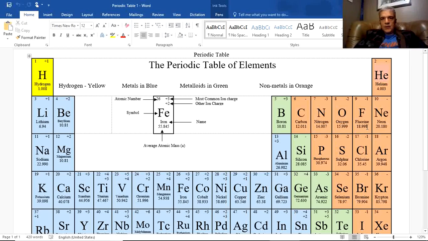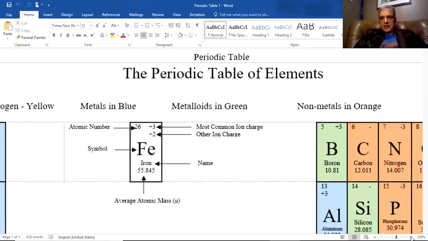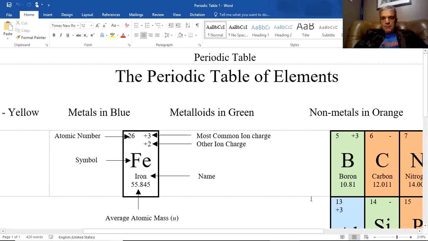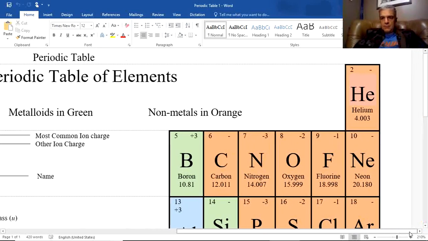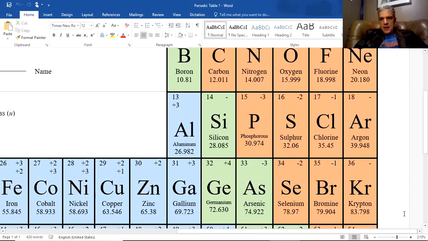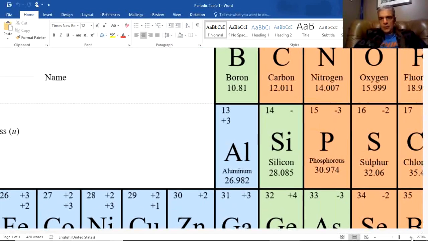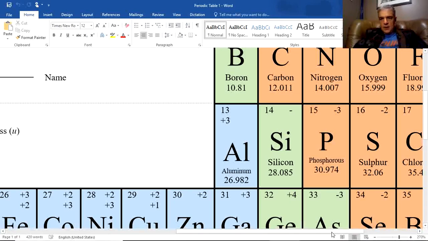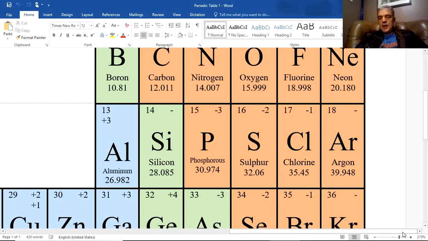For those of you who maybe can't see that, I can zoom in on this really closely and you can see that's where the -1 is. Cl is the chlorine.